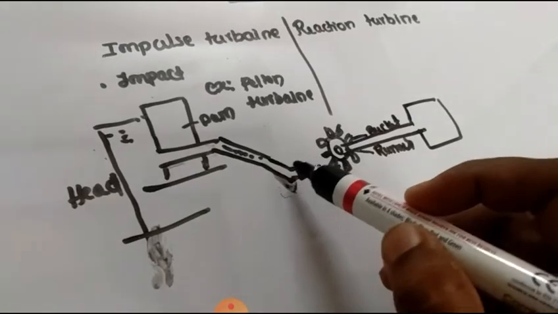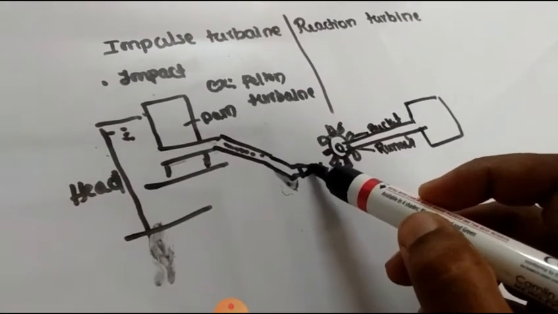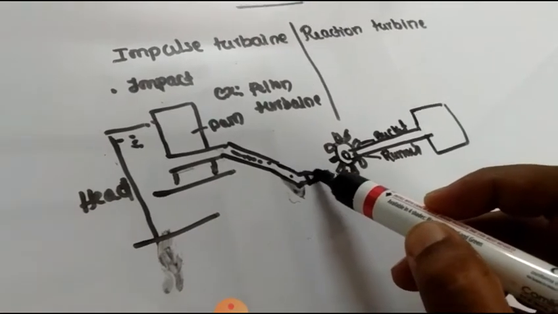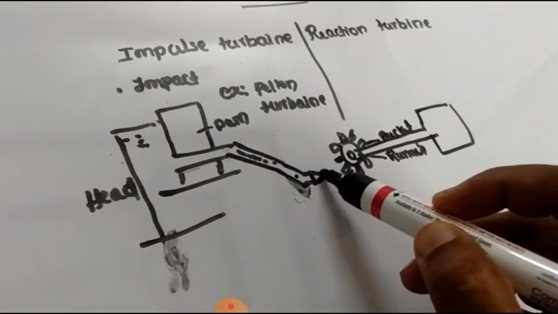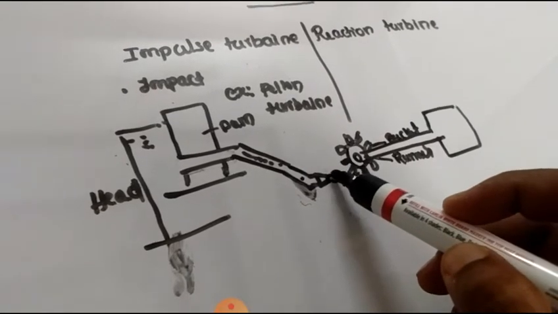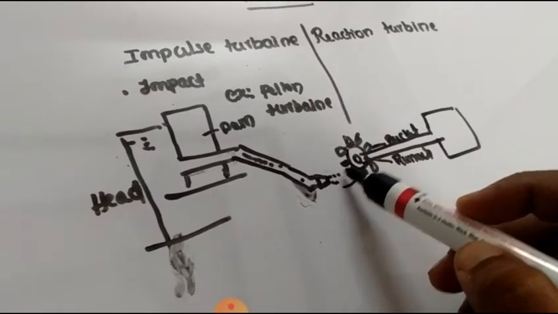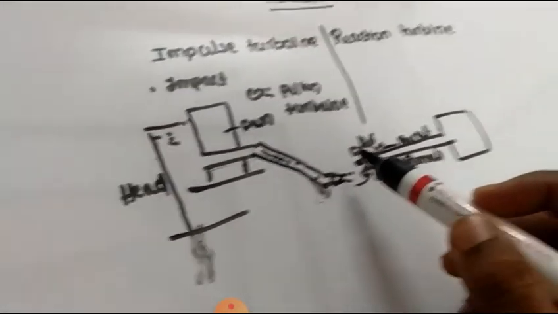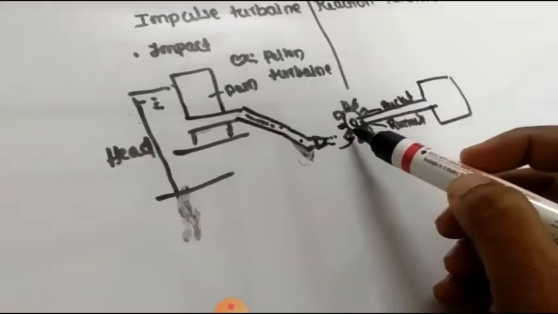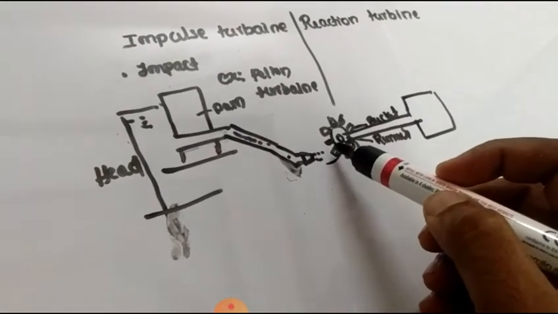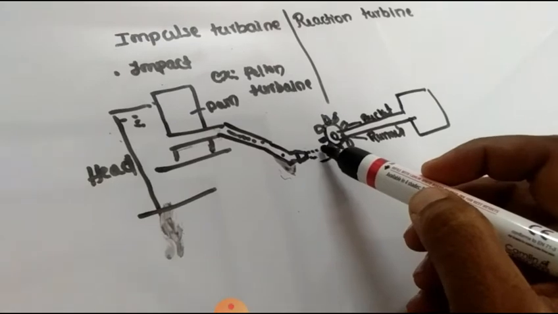The velocity is very high and the pressure is constant. Before coming to the nozzle, the water flowing in the pipe is in pressure energy, and then all the pressure energy is converted to kinetic energy. From the edge of the nozzle to the bucket the pressure is constant, at atmospheric pressure.